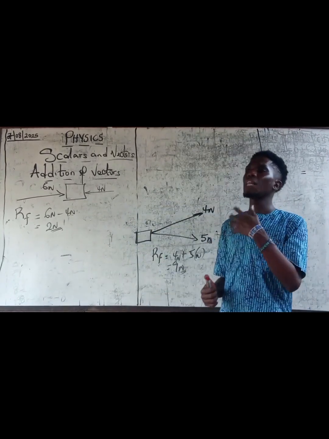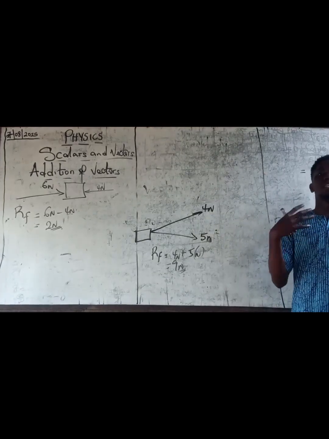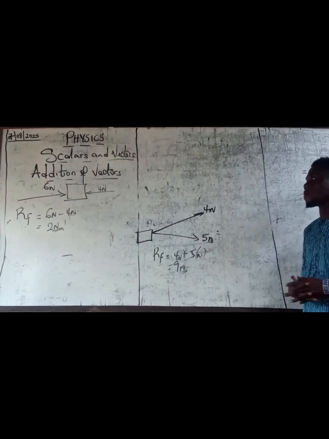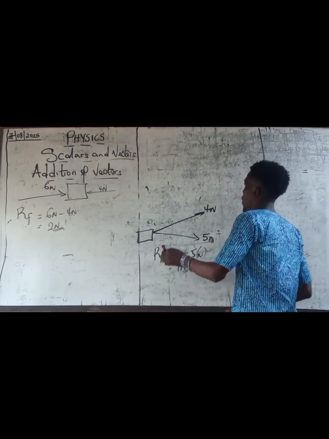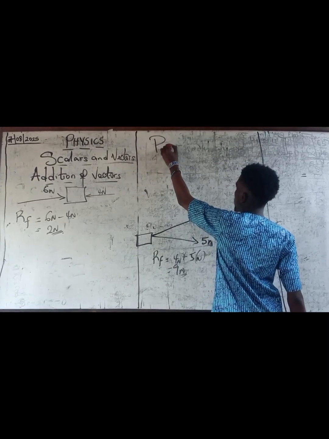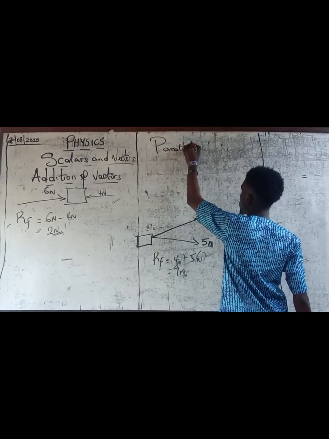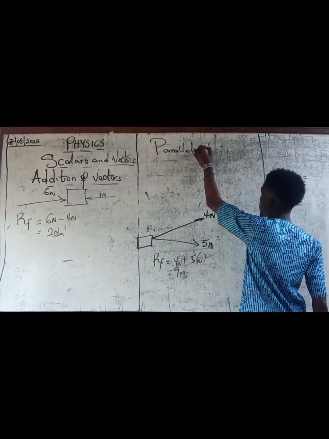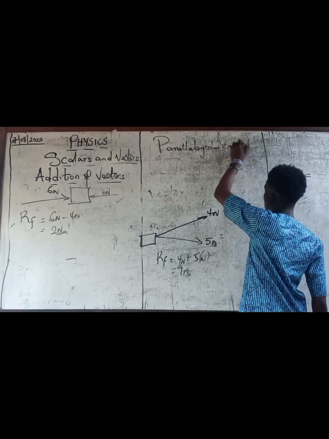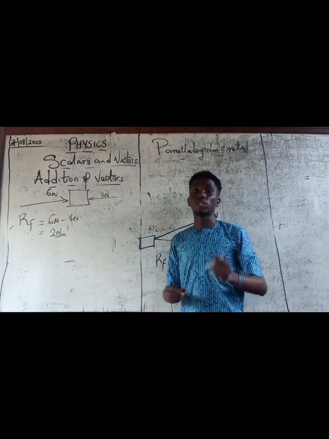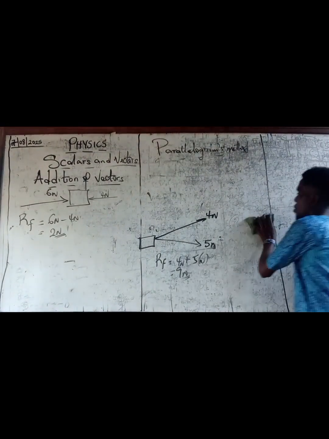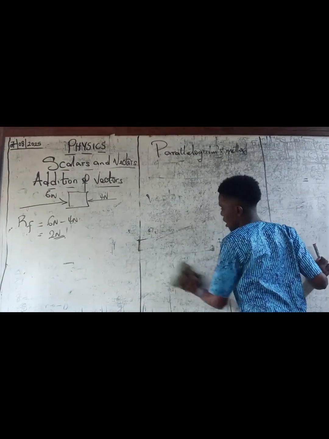Now, there are other ways we use to find a resultant vector aside from addition and subtraction, just like we did now. We have what we call the parallelogram law of vectors, or the parallelogram method. One of the ways we add vectors together is by using the parallelogram method, and I'll explain what it is.